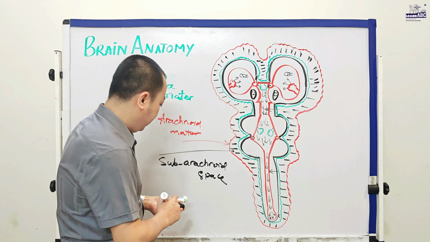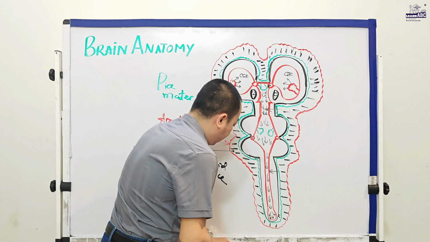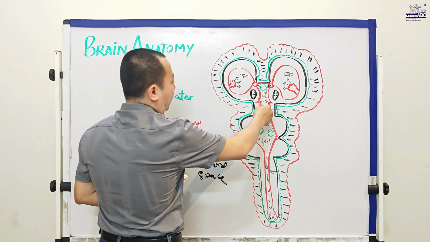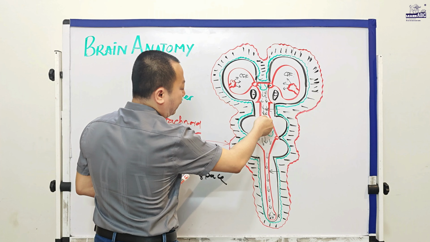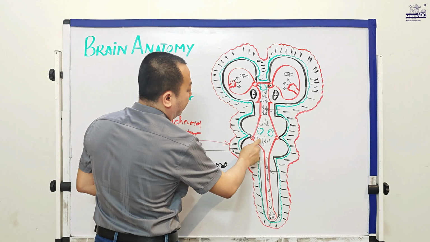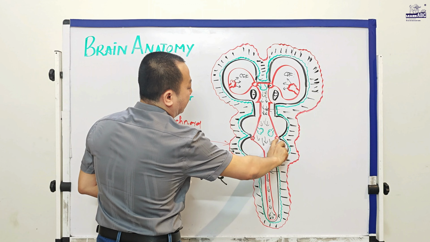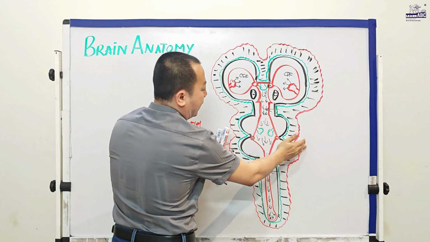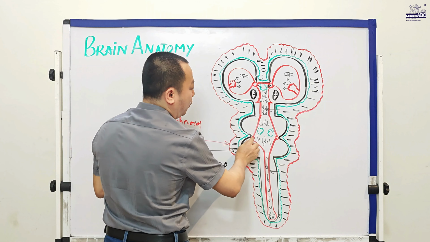But how? Now see here how. From the fourth ventricle, see here the fourth ventricle, and then you see at this point on the lateral side there are two holes here.